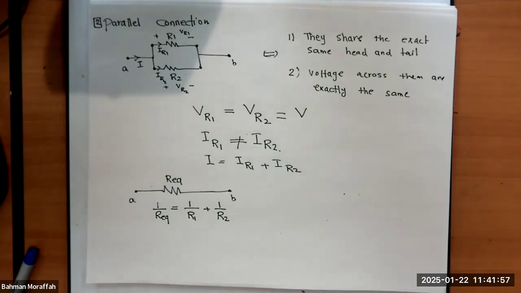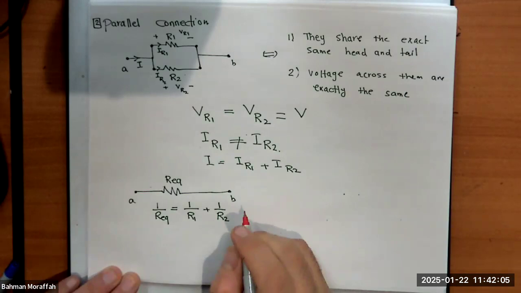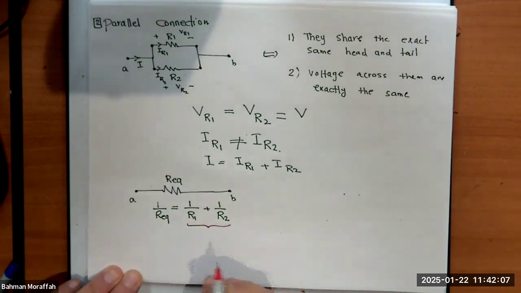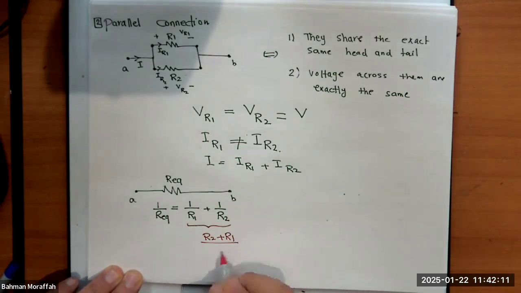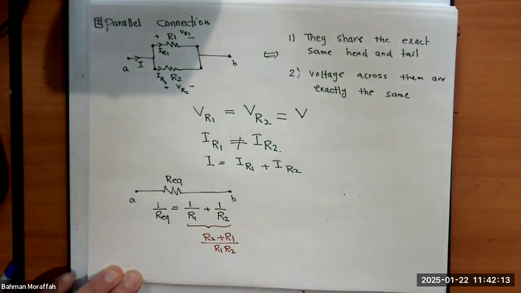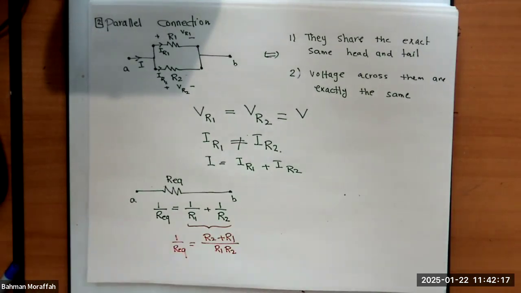Let's work it out a little more and simplify it down a little further. I can find the common denominator here. I can say this is R2 plus R1 divided by R1 R2, and that's 1 over R equivalent. I didn't do much, I just found the common denominator.